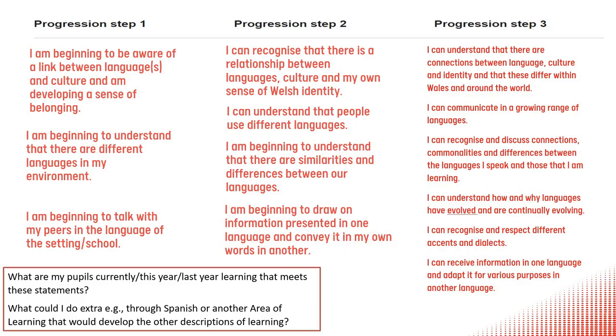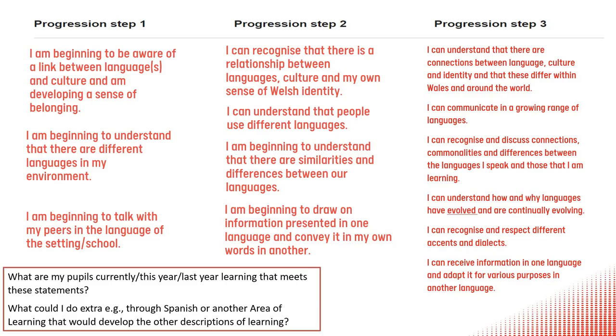So I want you to reflect on your own or in a group setting, take some time to think: what are your pupils currently doing this year or planning to do this year, or perhaps what have they done in previous years that helps them to work towards meeting these statements?